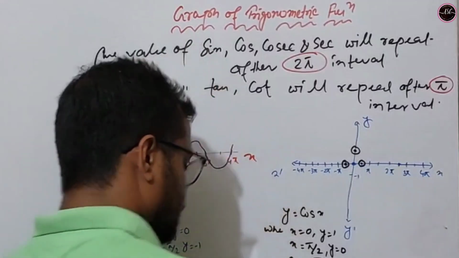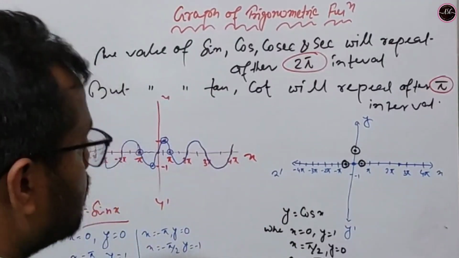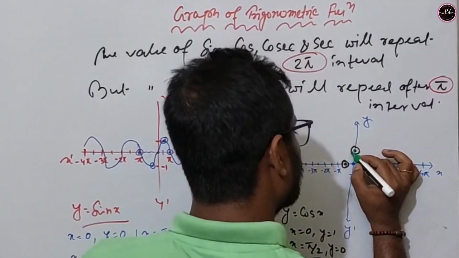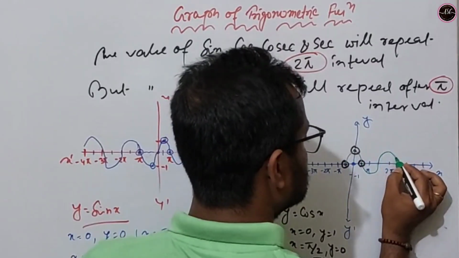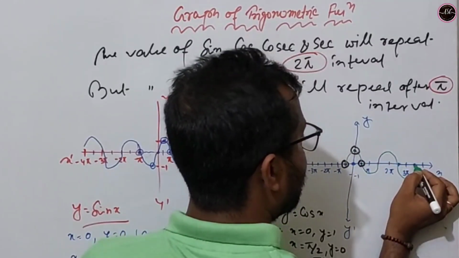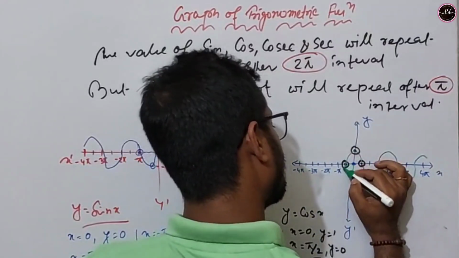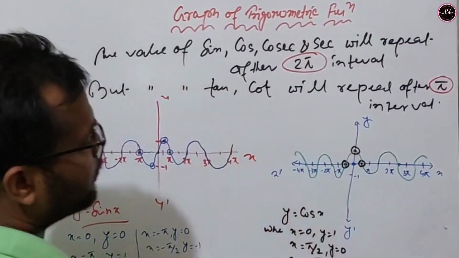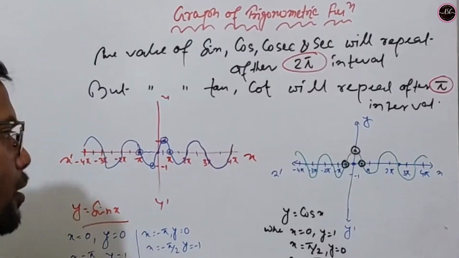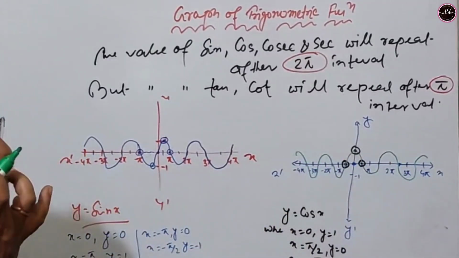And by this, if we join this point, the graph will be okay. Okay. There is still a difference between the two graphs. This should be remembered.